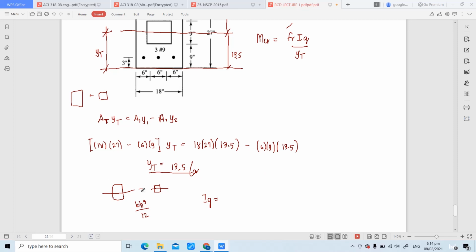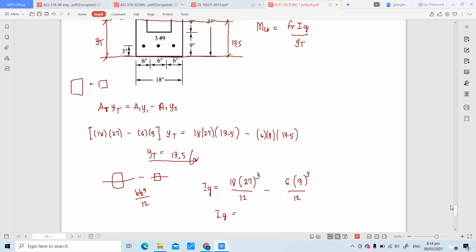O, yung malaking rectangle muna, anong base nun? 18. Anong height nun? 27. Raised to 3 over 12. Minus yung butas. Anong base ng butas? 6. Anong height nun? 9. Raised to 3 over 12. So, what is I sub G? Kindly compute. 29,160 po. Parehas lang po ba yung na-compute ng iba? Opo, sir.